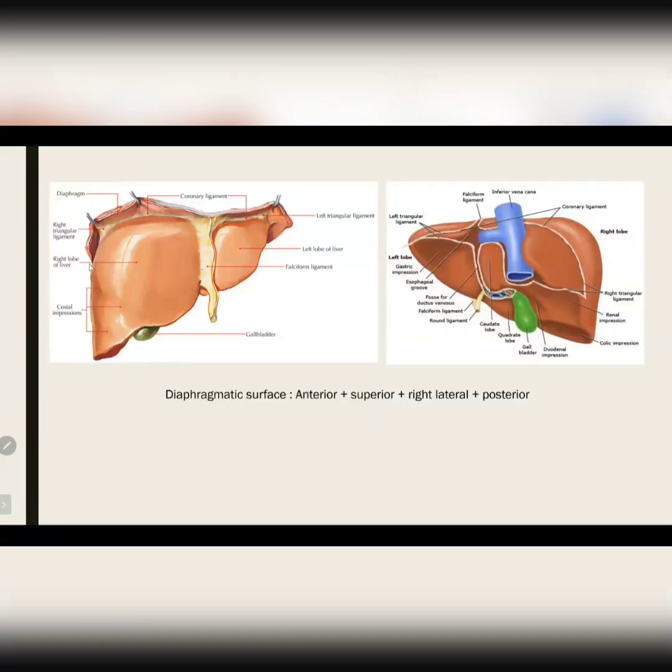When you look at the anterior surface, you can see there is a prominent ligament, which is named the falciform ligament. This ligament is very important because it divides the liver into a right lobe and a left lobe. This is the anatomical division of the lobes of the liver.